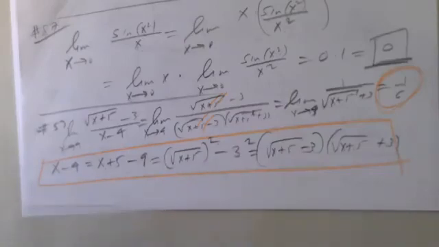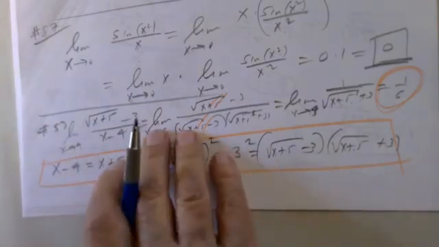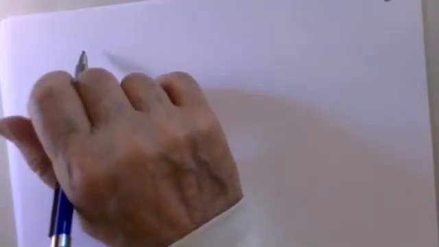Okay. Can you do number 43 from 2.3? So in 43, you're just looking at the graph, right? And it says, determine visually what's going on and then write a simpler function.